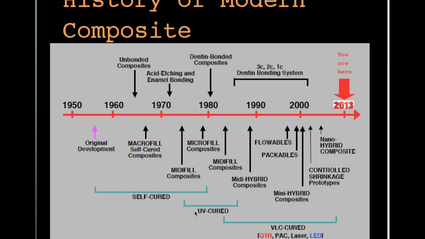And there was a period where we used UV light, and patients still sometimes talk about this because it wasn't that long ago actually. Next thing is you can see the development from macrofill to midifills, microfills, and then now nano hybrid composites. And we can talk a little bit about the differences in properties of these when we meet in person. I'm going to talk today about the bonding process, acid etching, and that kind of thing.